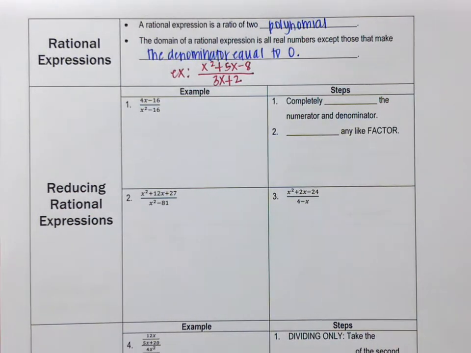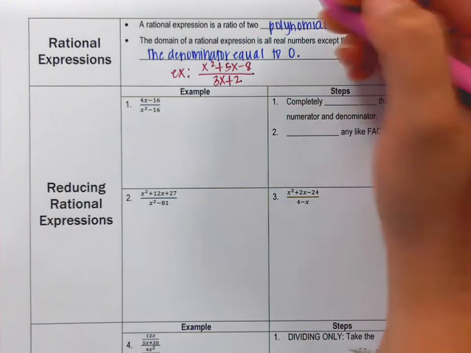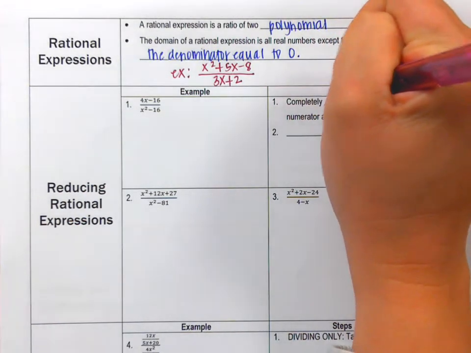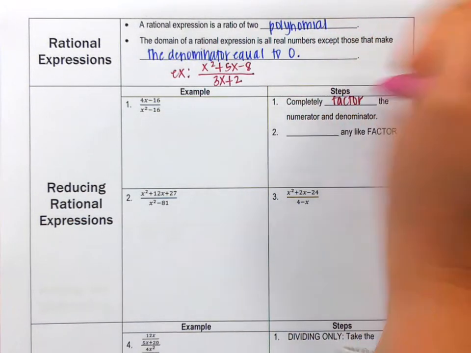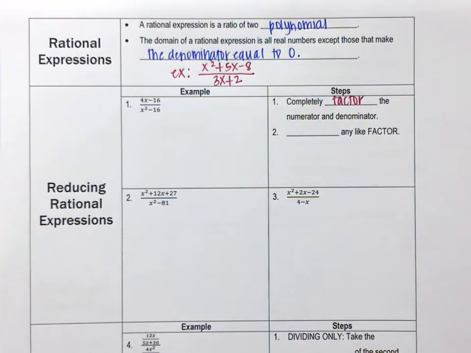When you are simplifying or reducing a rational expression, the first thing you want to do is completely factor the numerator and the denominator. So I'm going to kind of color coordinate this. We usually write out every single step, but making a video of that was going to be entirely too long, so I made guided notes. Yay, us.